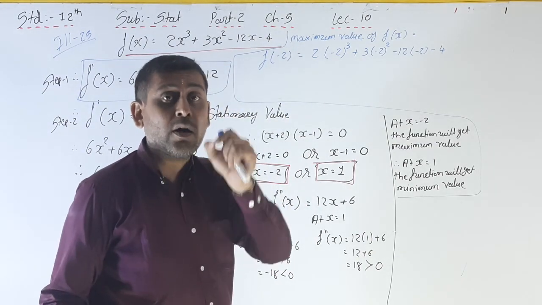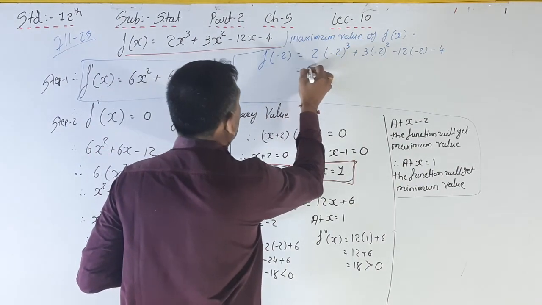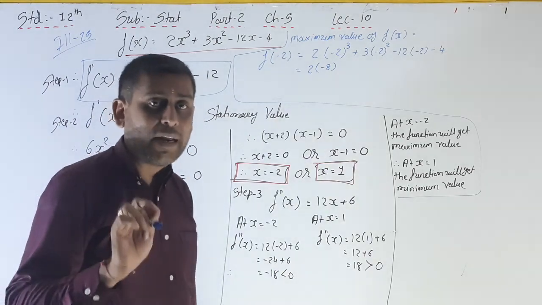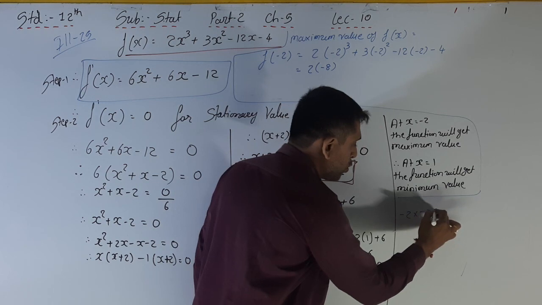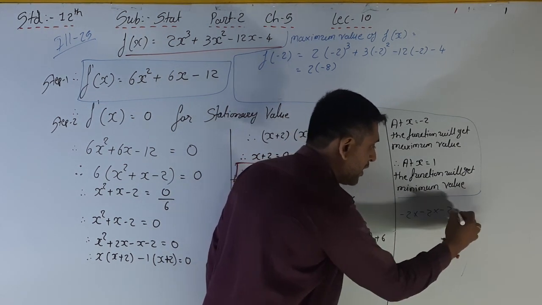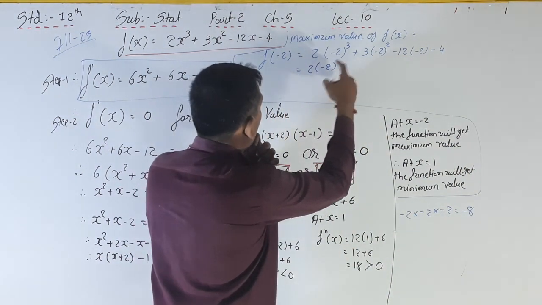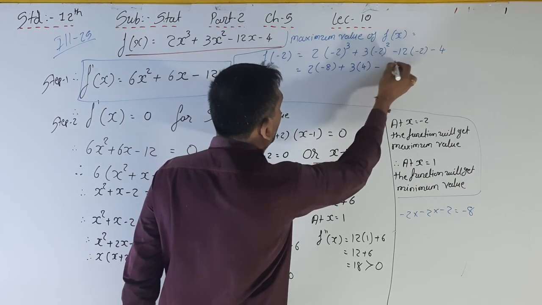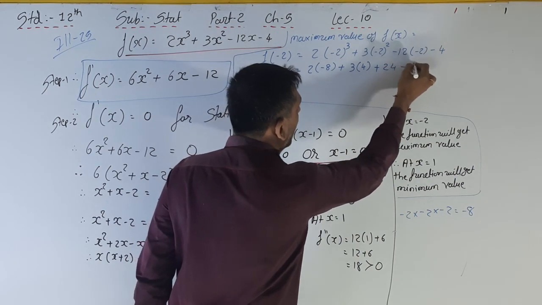What is the answer? 2 into bracket -2 cubed, that is -8, because minus times minus is plus, then plus times minus again is minus, that's why -8. So 2 into bracket -8 plus 3 into bracket 4, minus minus plus 12 twos are 24, minus 4.